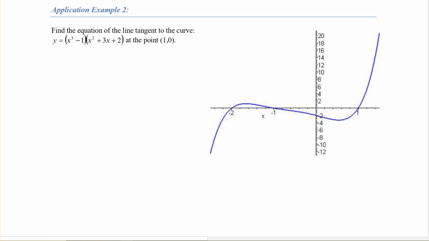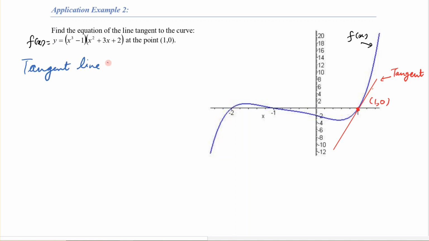In the next one, again we have to find the equation of a line tangent to the curve at the point 1, 0. We know that the tangent line is of the form y equals mx plus b, where m is the slope and b is the y-intercept.